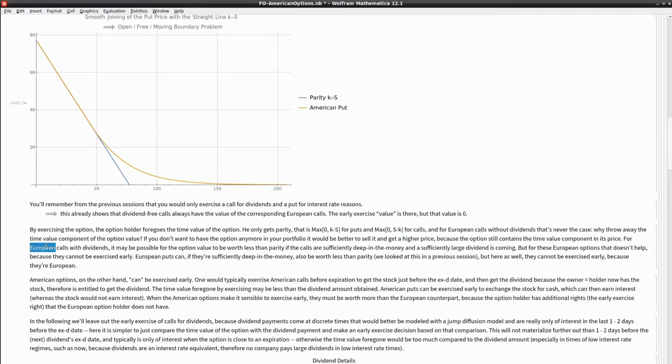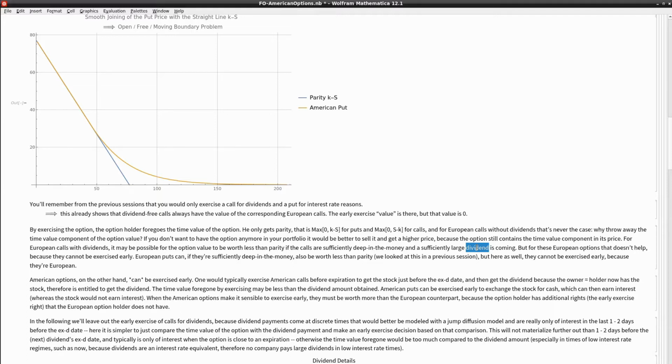And for calls with dividends, it may be possible for the option value to be worth less than parity if the calls are sufficiently deep in the money and if a sufficiently large dividend is coming. And right now this is of course questionable. We are in low interest rate times. That also depresses the dividends because a dividend is an interest rate equivalent.